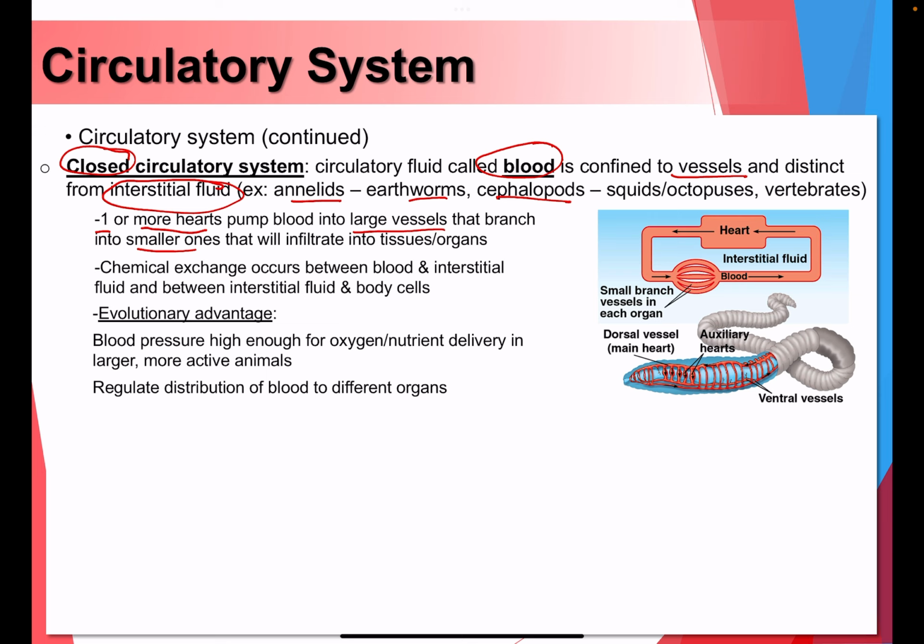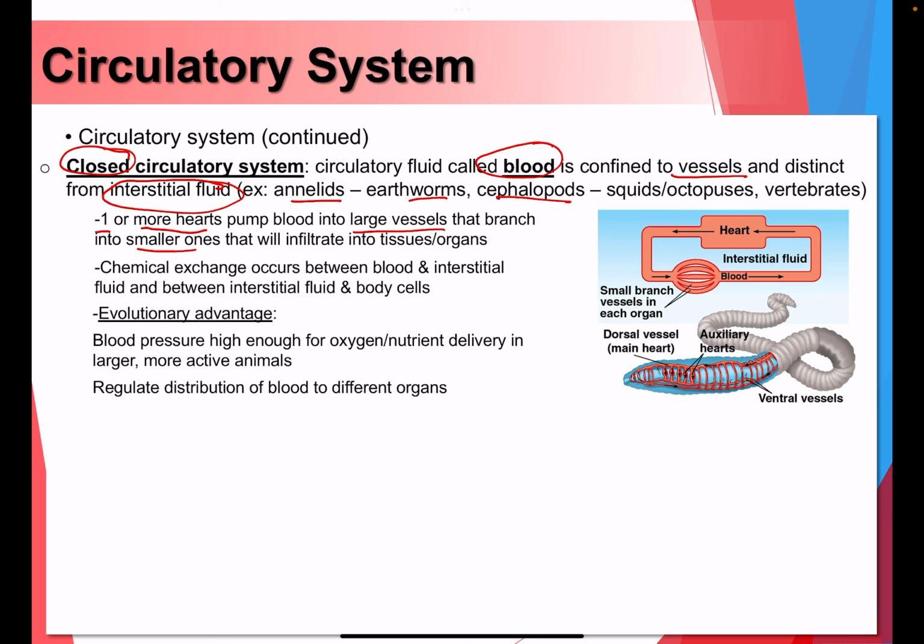The fact that we humans still have a closed circulatory system, of course, has its own evolutionary advantage. First of all, the blood pressure has to be very high in order to have a closed circulatory system, contrary to the open circulatory system. And because it's high pressure generated by the heart, you can have oxygen and nutrient delivery to larger and more active animals.